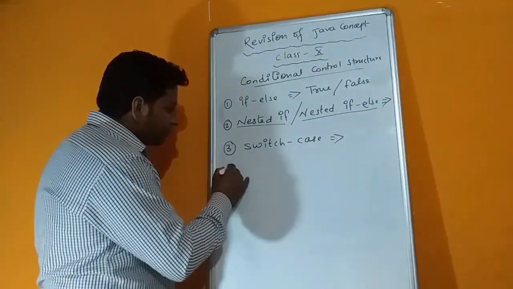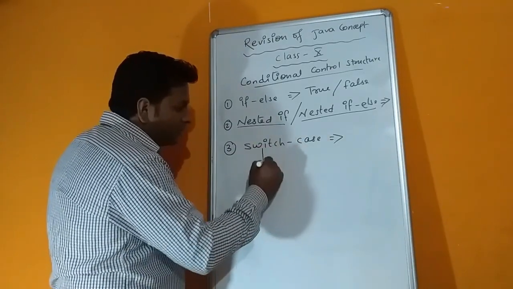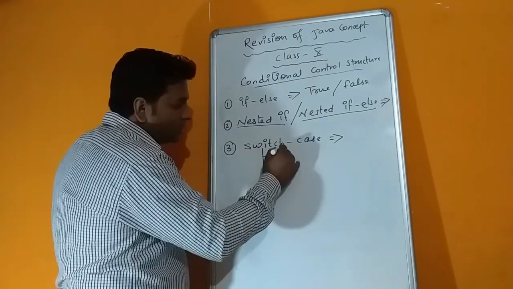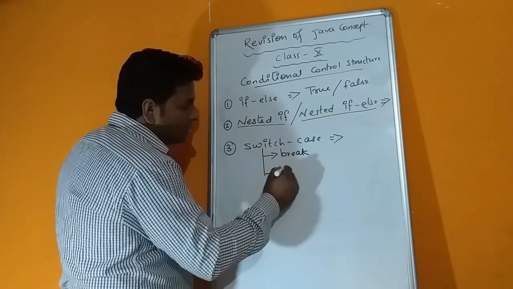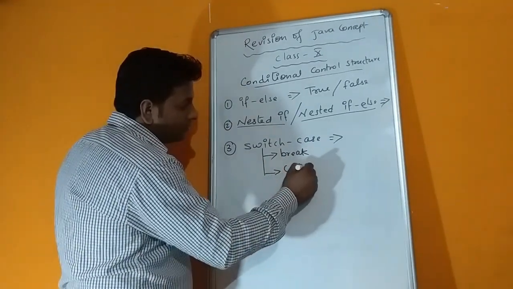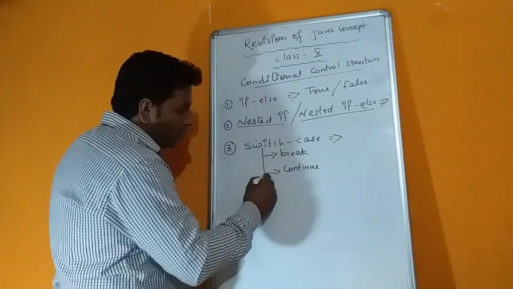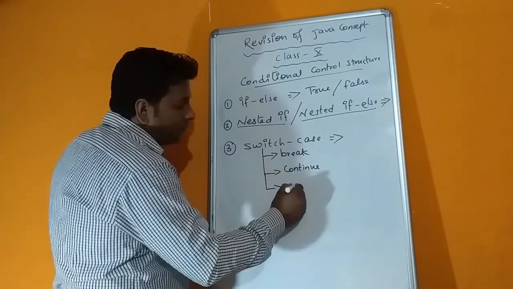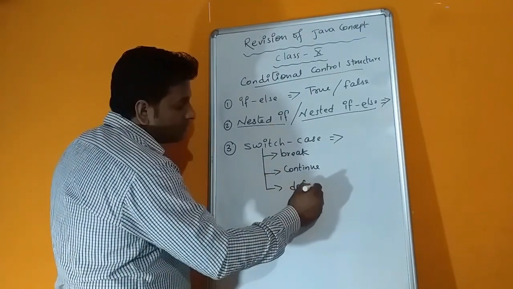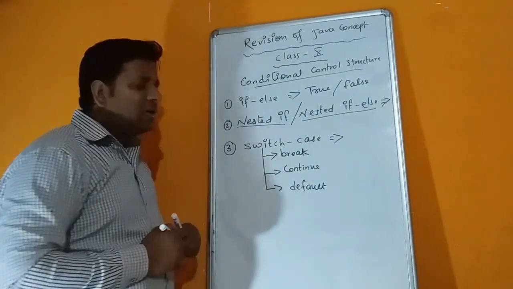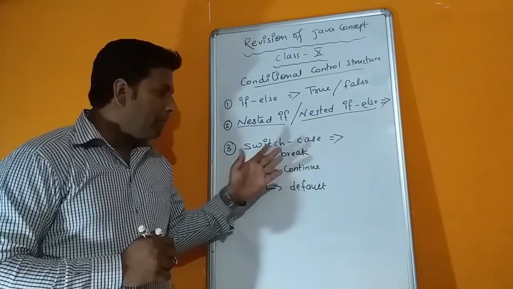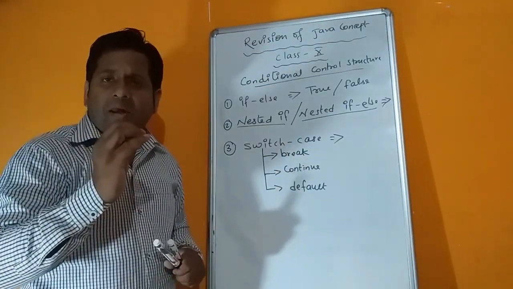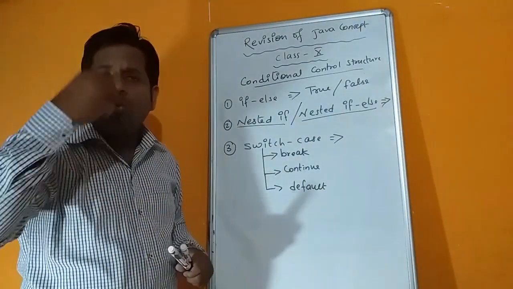Now, with switch case, there are two terms used. One is break and another is continue. One more I'll write, that is default. So there are three different keywords which are related with switch case. Break. The work of break is to transfer the control out of the block.